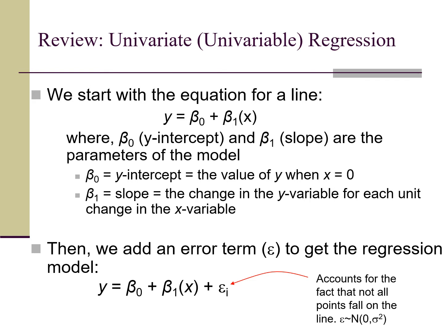Beta 0, the y-intercept, is just the value of y when x is equal to 0, and the slope is the change in the y variable for each unit change in the x variable. And then we just add on that error term to get the regression model. That allows us to account for the fact that not all the points are going to fall on the line.